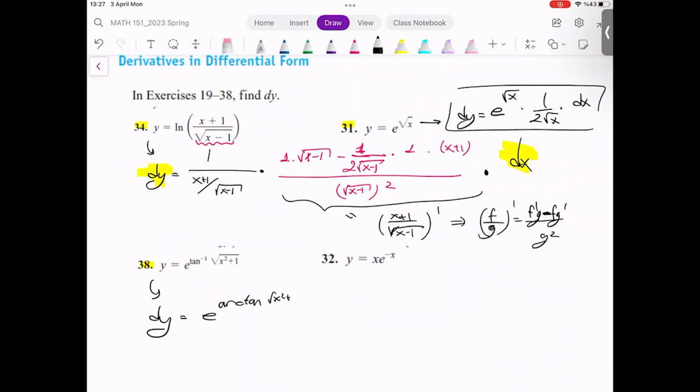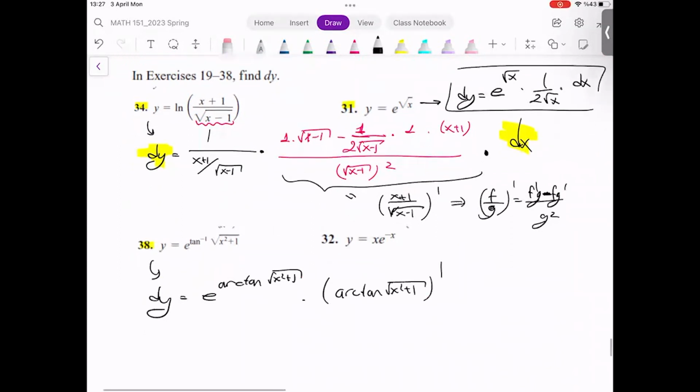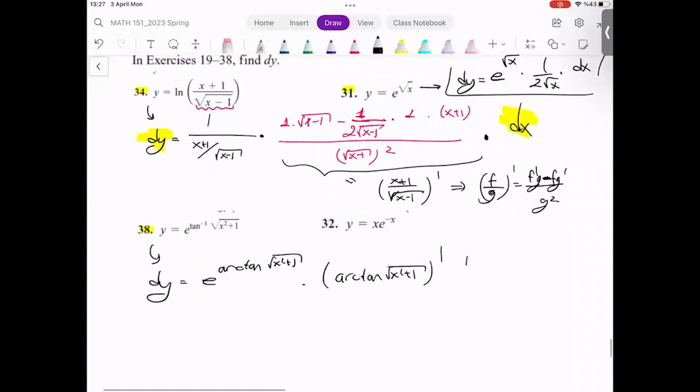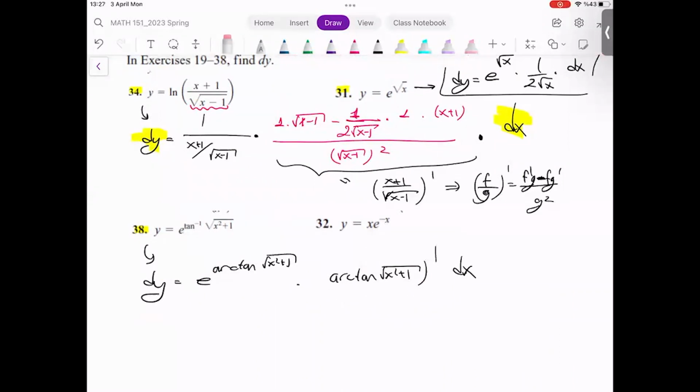Itself times the derivative of the arctangent part. Arctangent of x squared plus 1, derivative, dx. So what is this derivative here? Let's compute this according to the chain rule. It goes like derivative of arctangent: 1 over 1 plus whatever you see inside squared, and then you need to multiply with the derivative of this inside part.